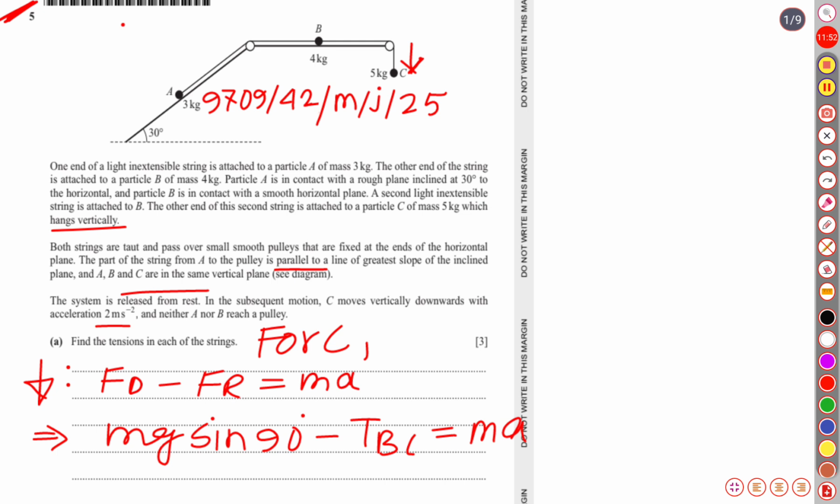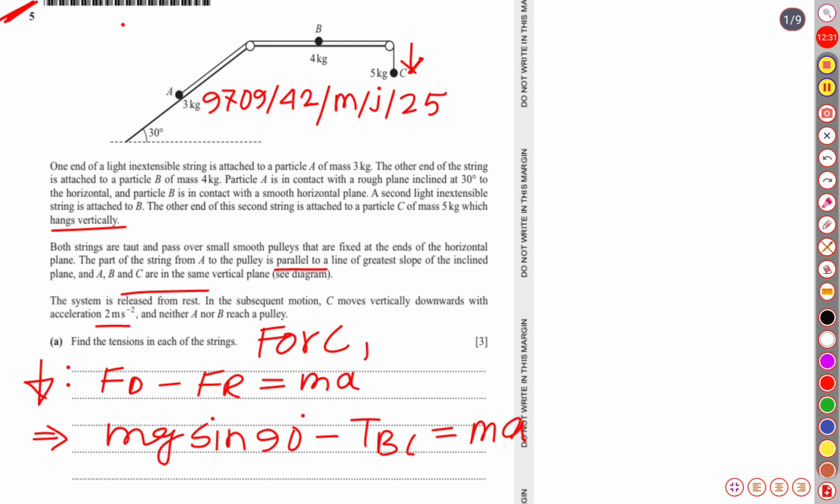So the tension in the string AB is also included in the tension BC. So it is sufficient to write the tension BC, because all the resistance forces, including the tension force in string AB, are included in BC. So it is only about BC. Please don't get confused about why we are not writing tension in AB plus tension in BC. Actually, tension in the string BC is the sum of all forces.